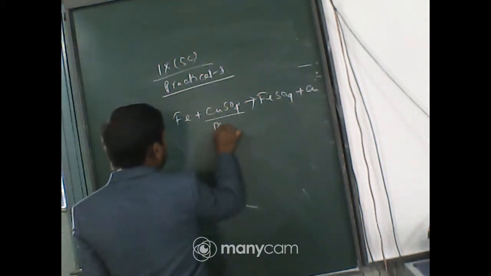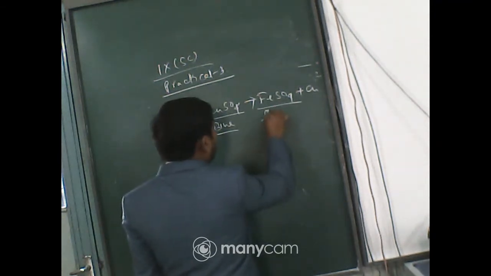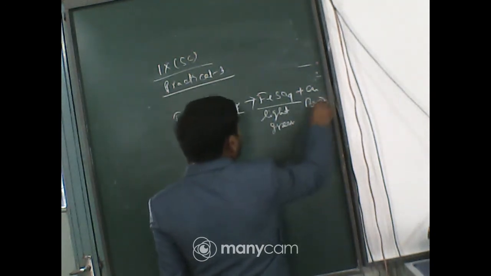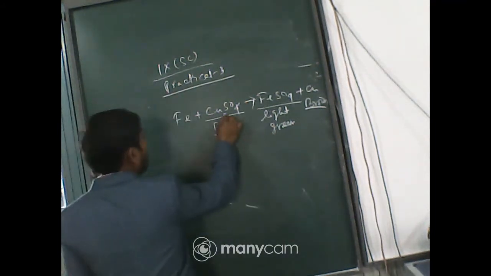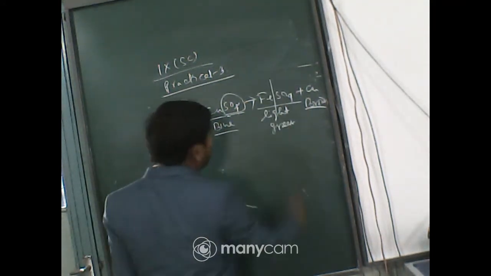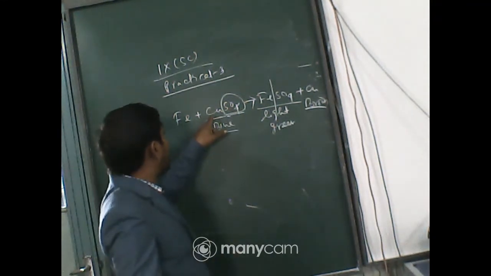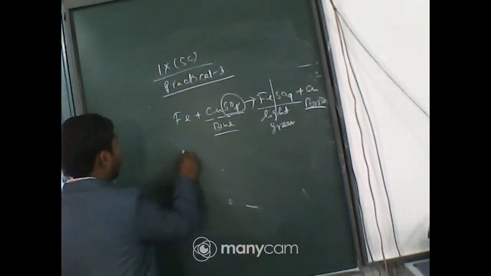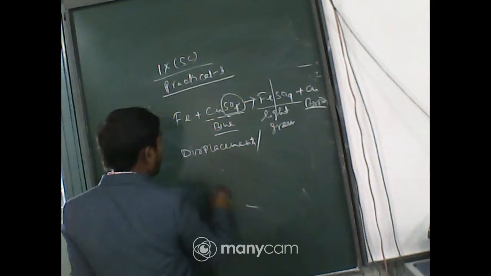Copper sulphate is blue in color, iron sulphate is light green, and copper is brown. This is the change. Here sulphate, an anion, was combined with copper, but after the reaction it has combined with iron, because iron is more reactive than copper. So iron displaces copper from its salt. This kind of reaction is called a displacement or substitution reaction.